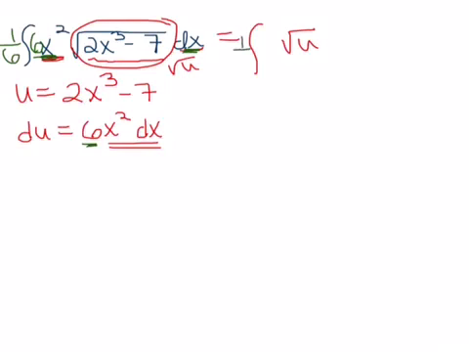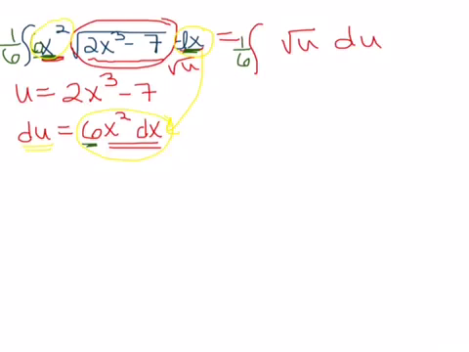So our 1/6 stays on the outside of our integral to make up for multiplying by the extra 6. And then 6x squared dx is only equal to du, so we have times du.